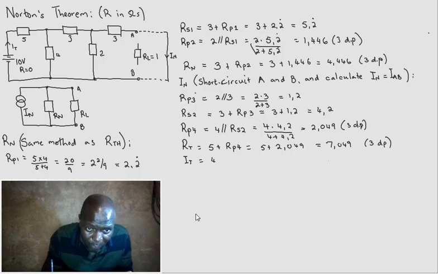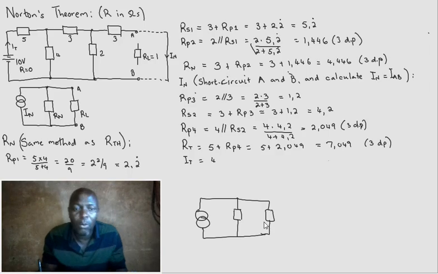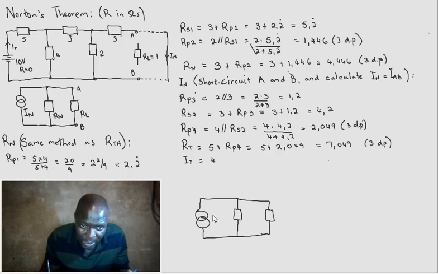Just a quick reminder: when I've got a current coming through, and these two are in parallel, with the current divider, this is I total. When I want the current through, let's call this R1, this one R2, when I want the current through R2, I use R1.